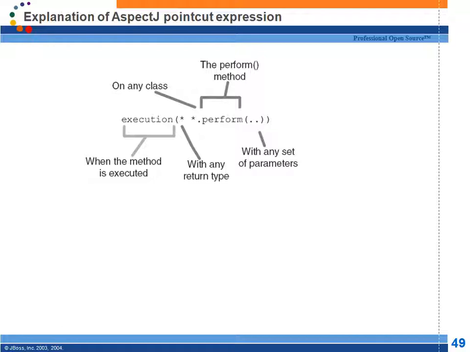The next star means this is a class name. Here if I say star, any class. If I want to say ArithmeticCalculatorImpl, I can say ArithmeticCalculatorImpl. And this is a method name. If I say star here also, any method. The dots mean parameters. What parameters? So this is the meaning of the expression.